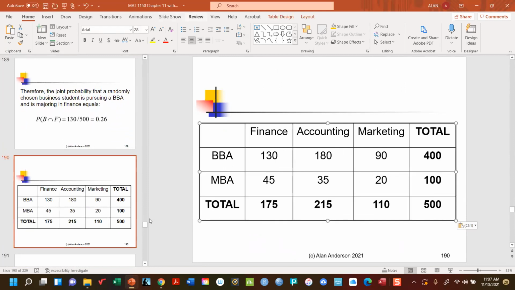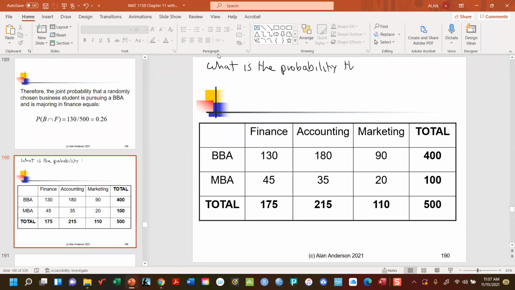What if I want to know the probability that the randomly chosen student is getting an MBA in accounting?